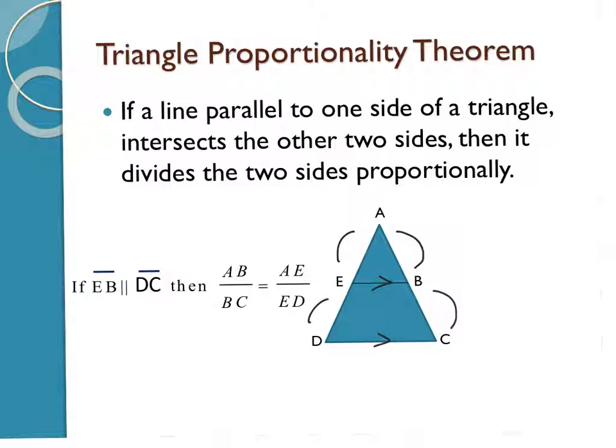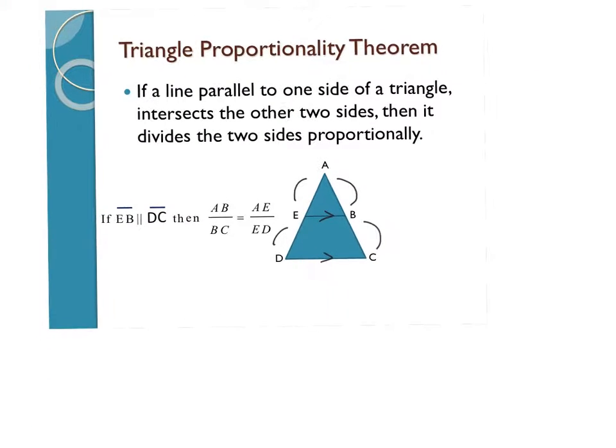Now, I'm going to show you several other ways that you could set up proportions. This isn't the only way to do it. Okay, so that's one way. You could have also done the two top pieces. So let's say you did AB over AE. So this time we're going to take this top over this top, and then underneath we'll have the two, then the next fraction will say BC over ED.